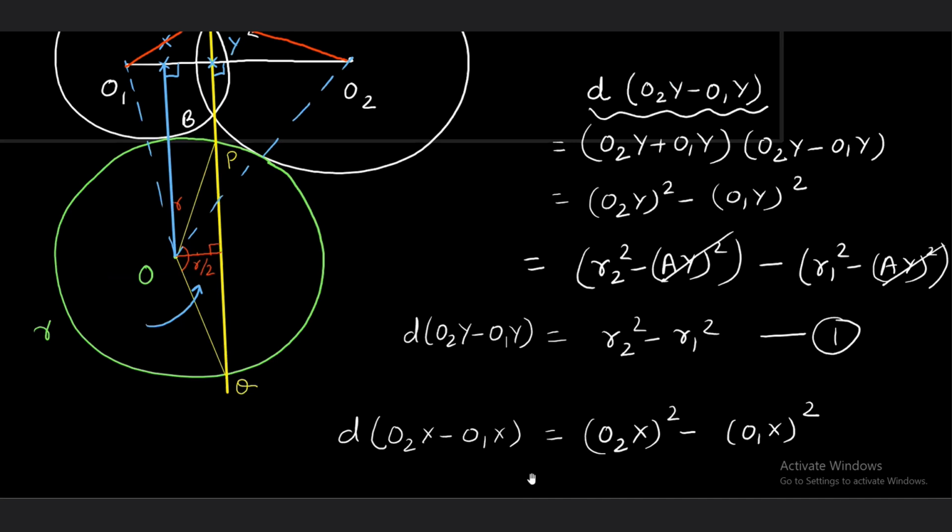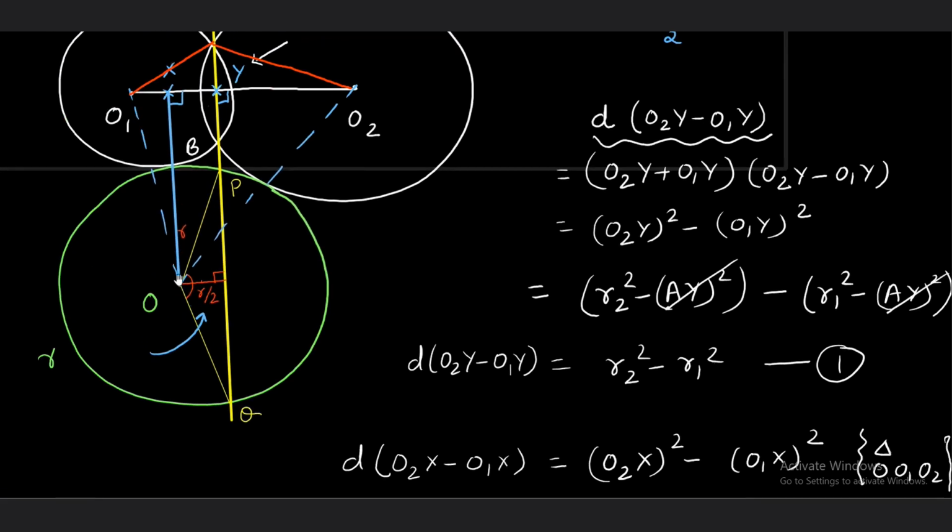But O2x whole square and O1x whole square I'll now write using the Pythagoras theorem. Which triangle am I going to take now? I'll take triangle O1O2. With the help of this triangle we are going to write them again. But in O1O2, O2x whole square can be written as O2 whole square, as you can see, O2 whole square minus this perpendicular length. And similarly, when you want to write O1x whole square, by the Pythagoras theorem this will be the hypotenuse square, O1 square minus the same length, right?